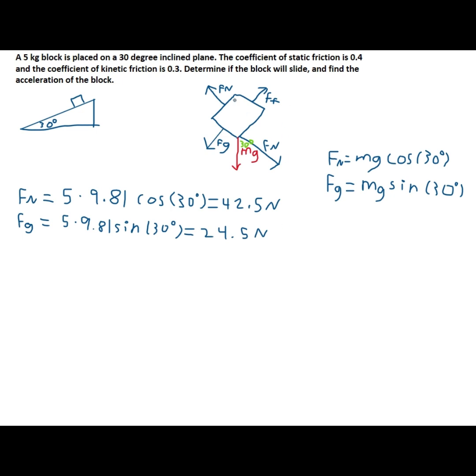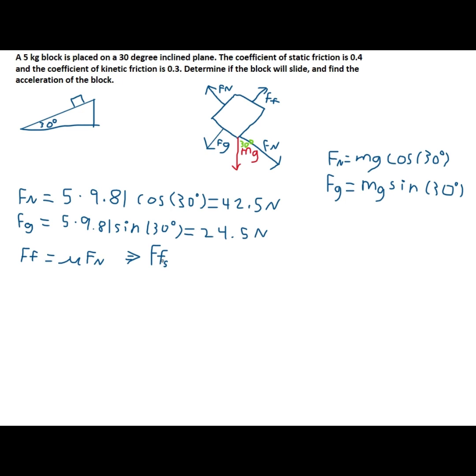Now, to find the frictional force, the formula is the coefficient of friction times the normal force. If we look at static friction, we can determine if the block will slide. If the force of gravity is greater than the force of static friction, then the block will slide. So, let's calculate the force of static friction.